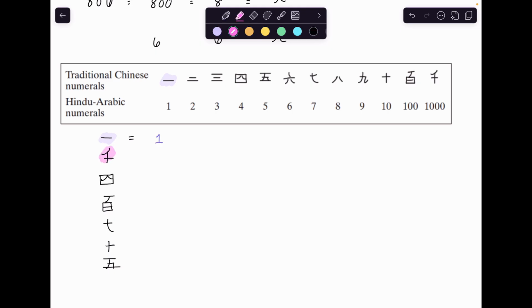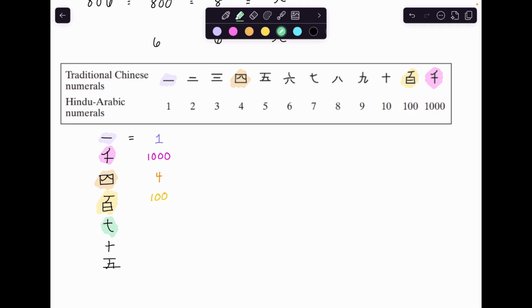The next symbol, comparing it on my chart, is my symbol for 1000s. So that really means we have 1 1000. Next up, we've got this symbol, which is 4. And then the symbol after that is the symbol for 100s. So it means we have 4 100s.